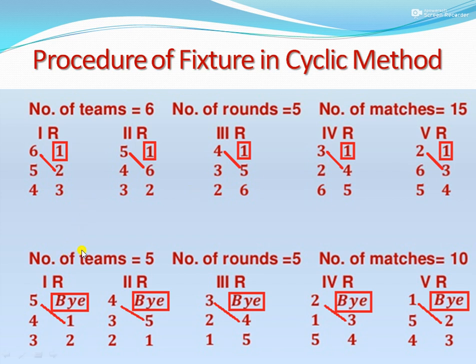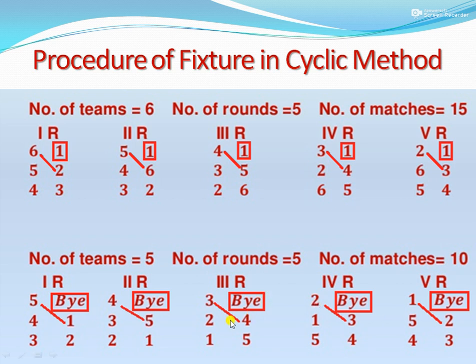If the number of teams is odd, the number of rounds will be the same as the number of teams. It means if 5 teams are playing, then the number of rounds will be 5. Number of matches will be 10, using n into n minus 1 upon 2, 5 into 4 upon 2. If we solve, it will be 10.